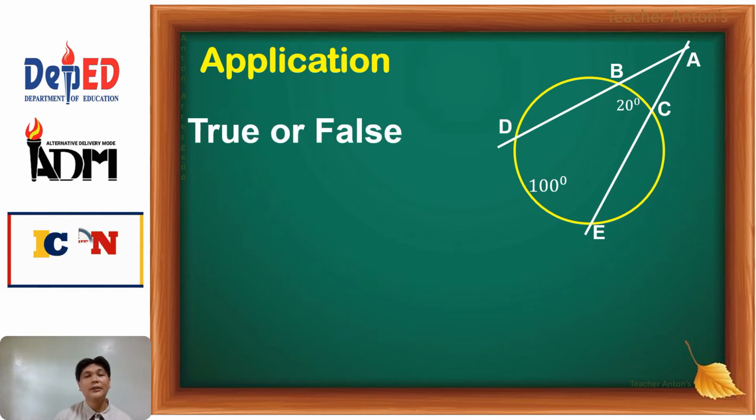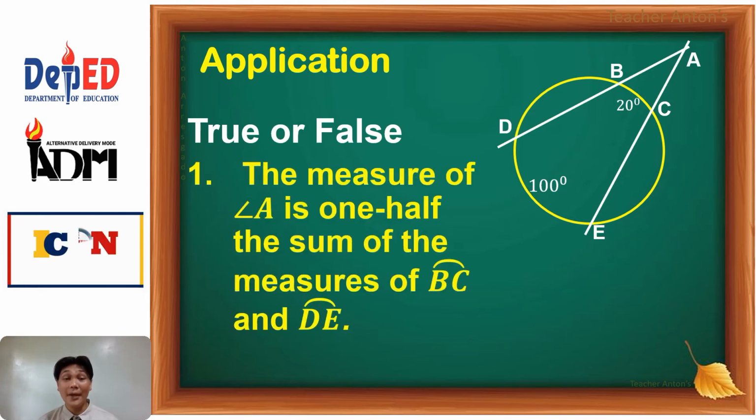Okay, now let us validate each statement if it is true or false. So first statement, the measure of angle A, which is the angle outside the circle, is 1/2 the sum of the measures of arc BC and arc DE.